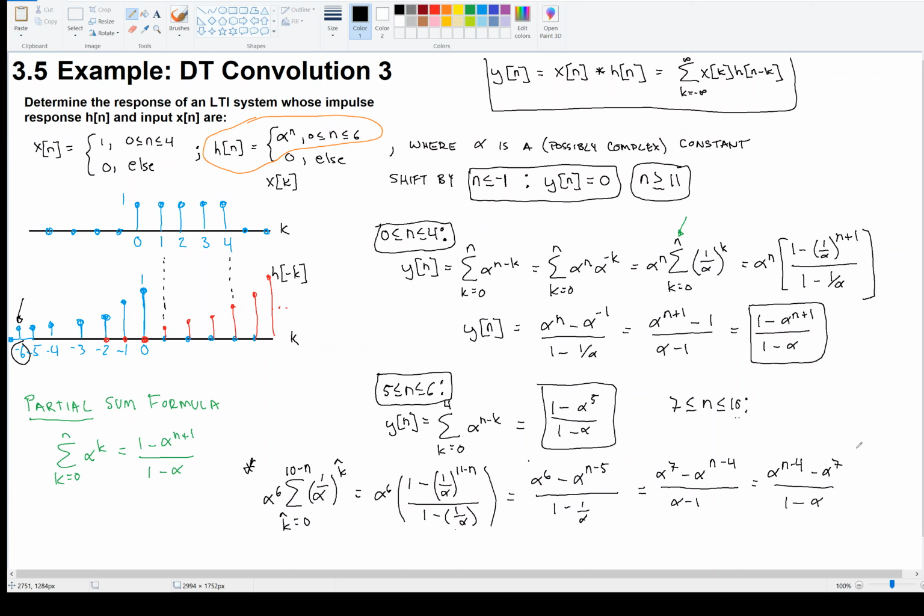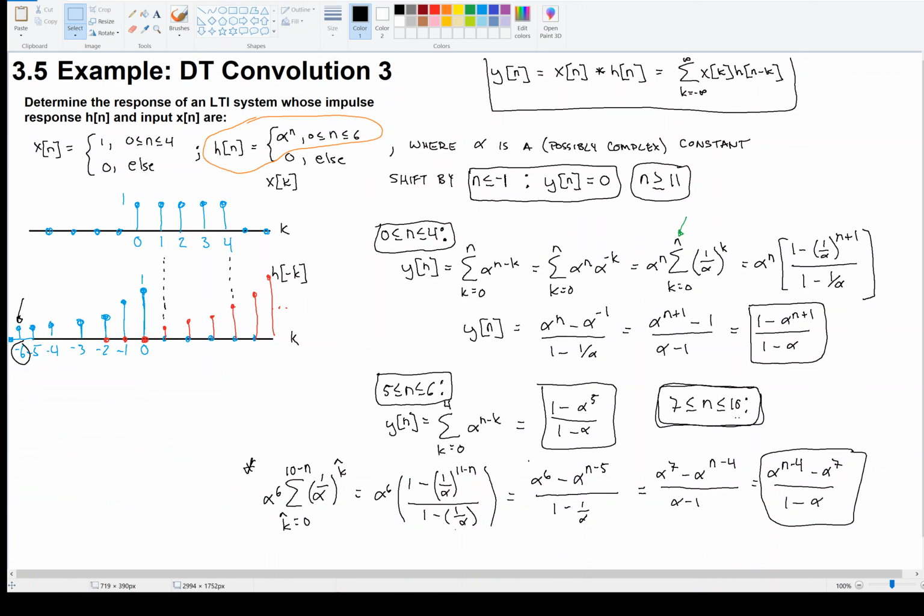Okay, and so that is the answer to our sum, right? And that applies for this piece here. So we've got the entire solution now. I'm going to erase the partial sum formula, and I'm actually going to erase the work. I'll erase the plots to give me some space.